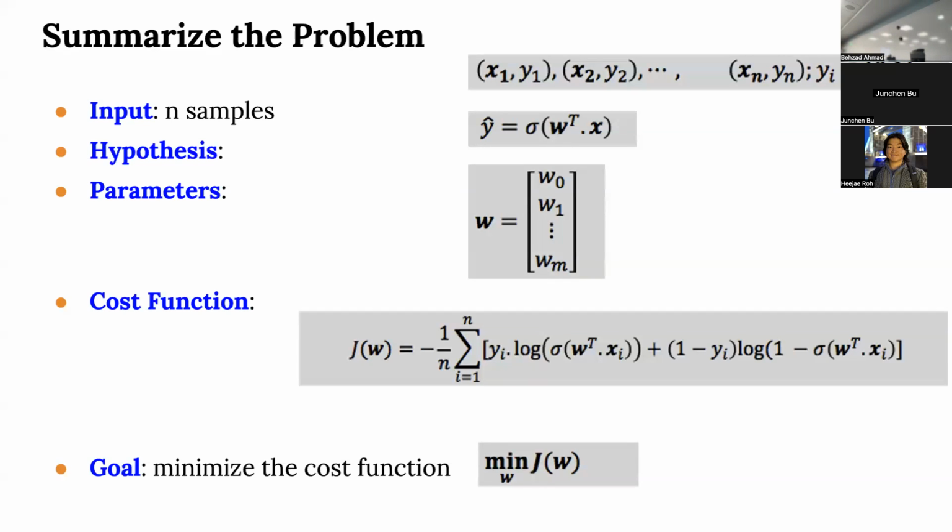So these are the actual Y's, the observations. The cost function is again a function of weights. You average over all the samples. For each sample, you do Y. This is the observed or target value, it's either a 1 or 0.